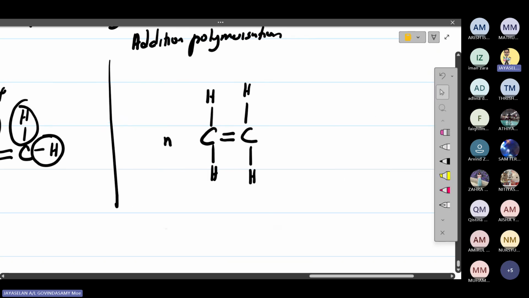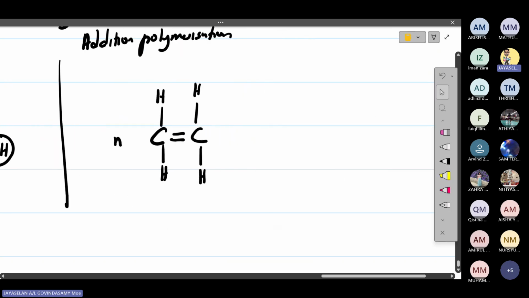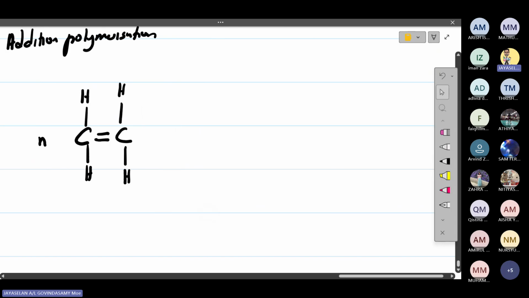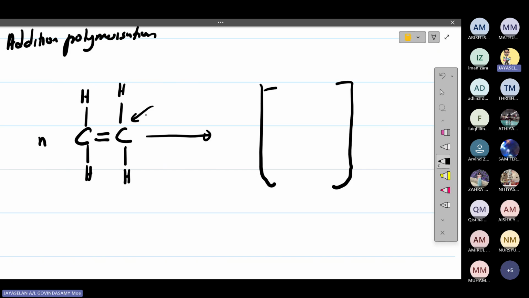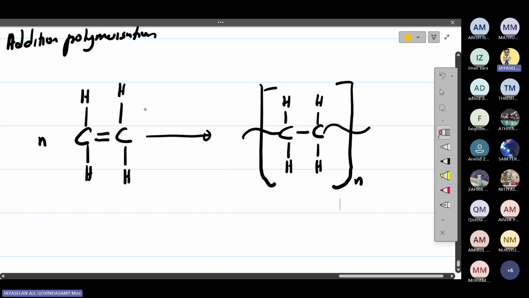Make sure the side is empty. You already got the structural formula of the ethene. Now draw an arrow, open bracket, close bracket. Here you see the double bond, you make it single bond. Then you draw one line like this, put n. That's all. This is the answer they want in the exam.